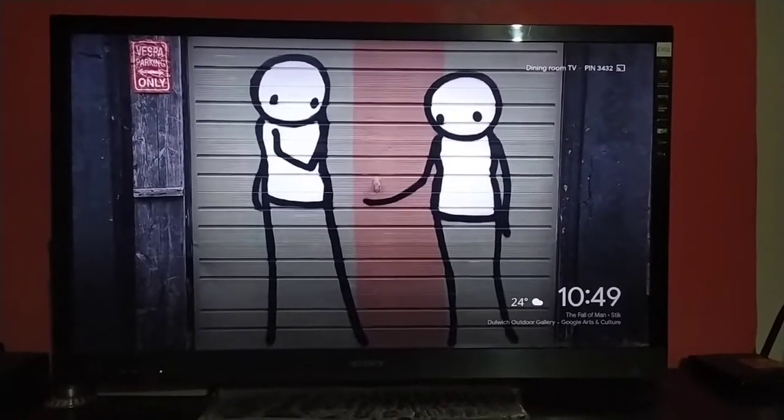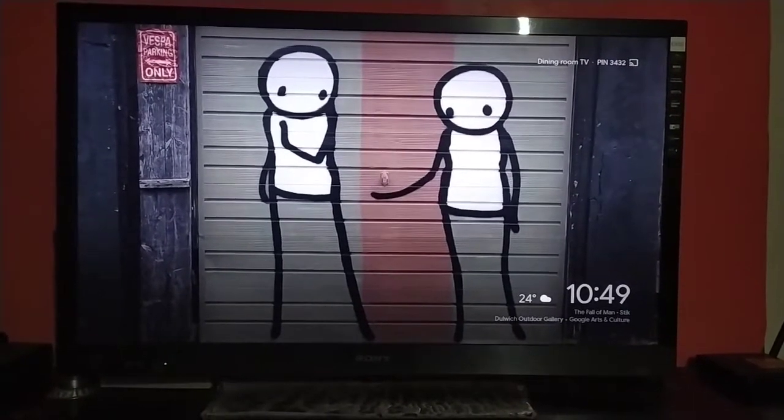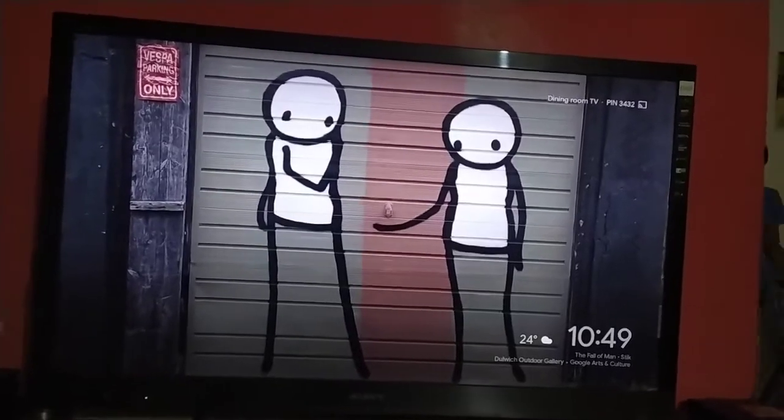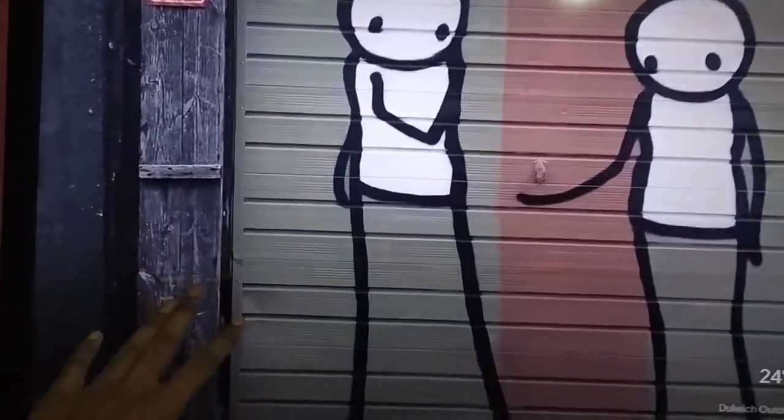Before getting into resolution, let me tell you what pixels are. As you can see on the screen, if I focus, this LED panel comprises n number of LEDs which are very close to each other, and each single unit of LED is called a pixel.